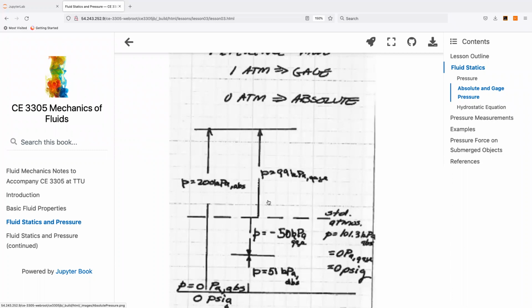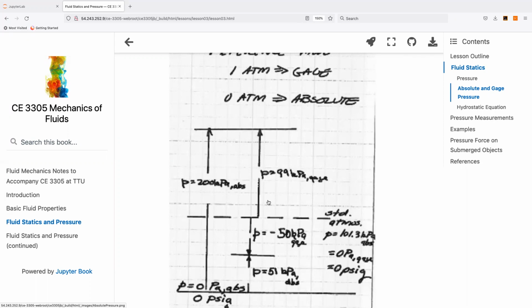If we went up to 51 kilopascals, we could report that as 51 kilopascals absolute, or minus 50 kilopascals gauge, assuming atmospheres are standard. We get up to 1 atmosphere, we're at about 101.325 kilopascals absolute, 0 pascals gauge, 0 psi gauge.